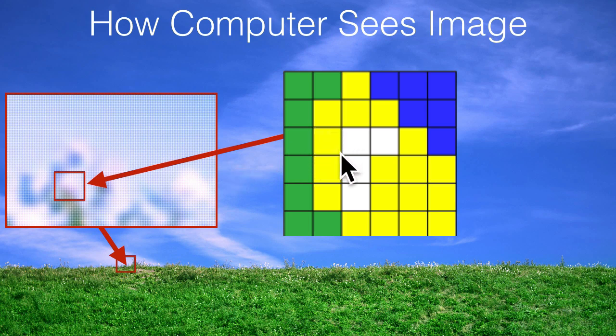Notice that these little boxes or dots, depending upon how you want to look at them, are broken up. And each one of these boxes represents one color. It's a single piece of data. One single color. That is a pixel.